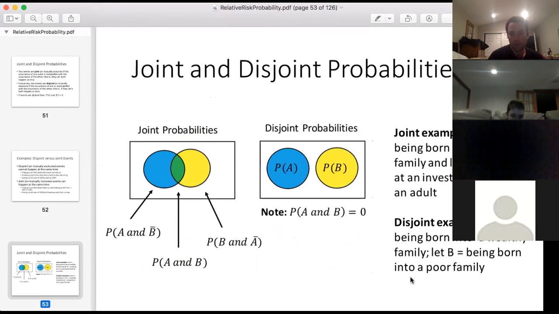A disjoint example would be something where you cannot have the two probabilities intersecting at all. So there's a difference in calculations, and you'd have to think about whether an example is disjoint or joint. It's both how you interpret it and also how you calculate the different probabilities.